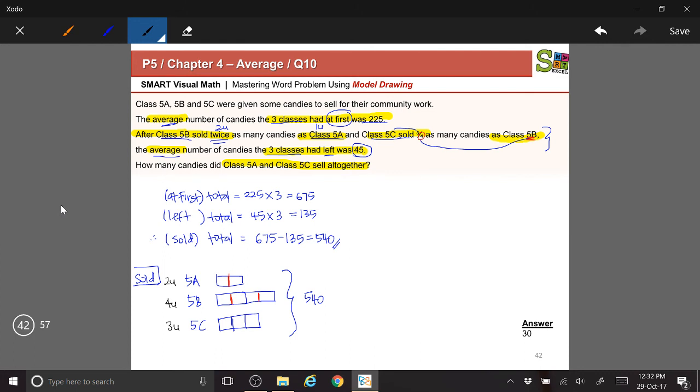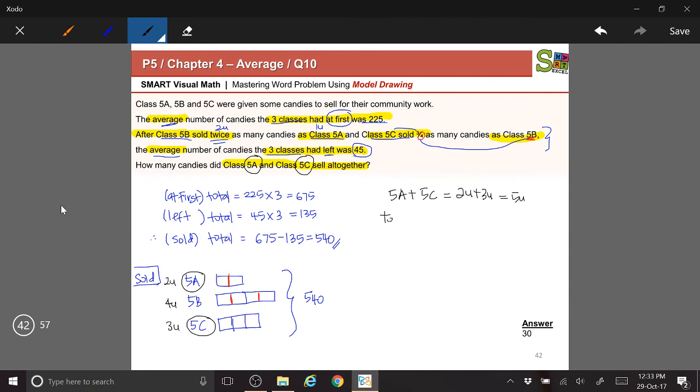Okay, so they asked us to find 5A and 5C. So our 5A plus 5C, the selling. 5A is 2 units, plus 5C 3 units, which equals 5 units.